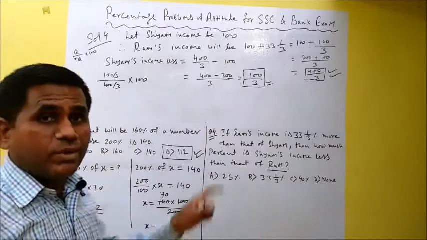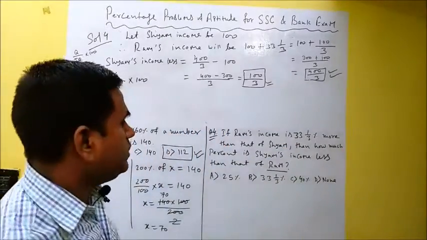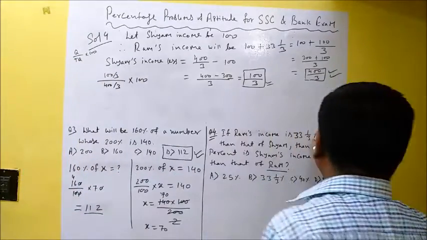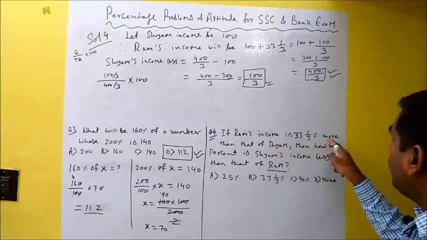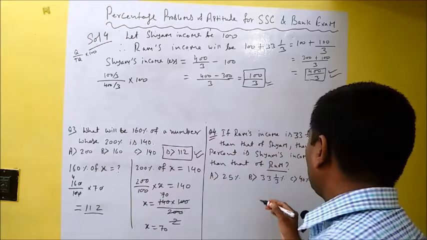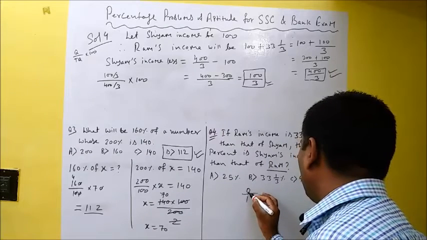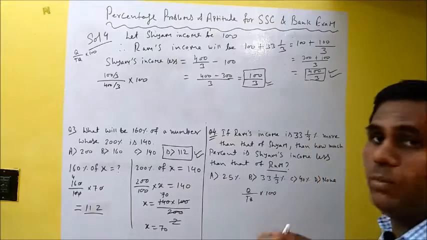Now in the beginning I told you I'll explain why this cannot be the same. It cannot be the same because Ram's income is 33 and 1/3 percent more than that of Shyam. If I take the same formula, quantity upon total quantity multiplied by 100 gives us the percentage.